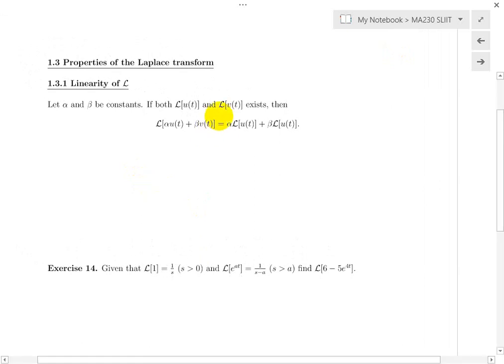So this tells, if you have two functions, now here I have written little u and little v, and for each of those functions, if the Laplace transform exists, it means you do the integral and it works. But here we are saying two things.